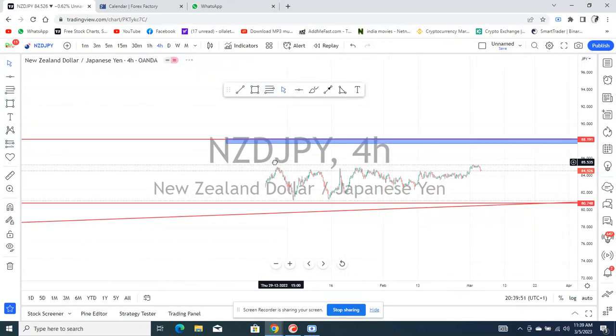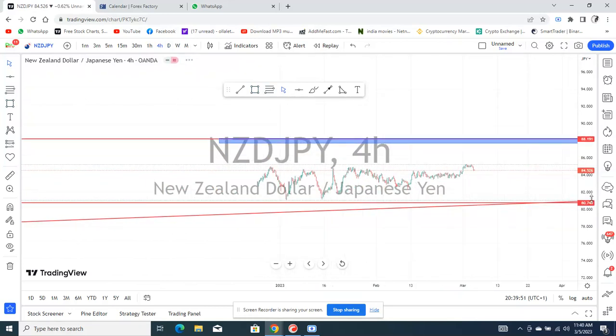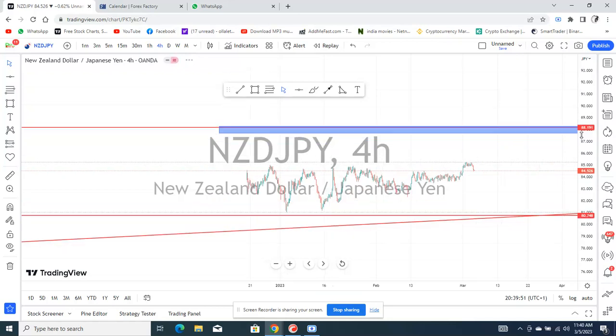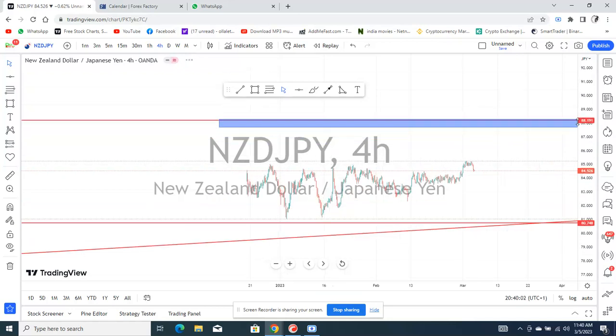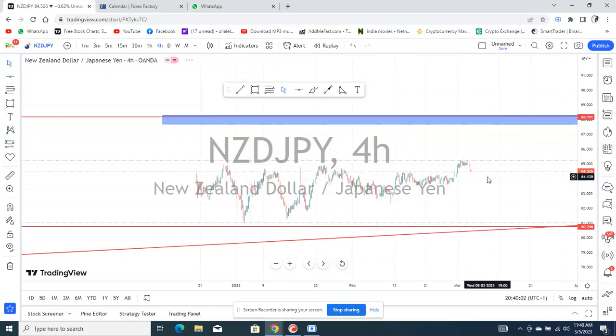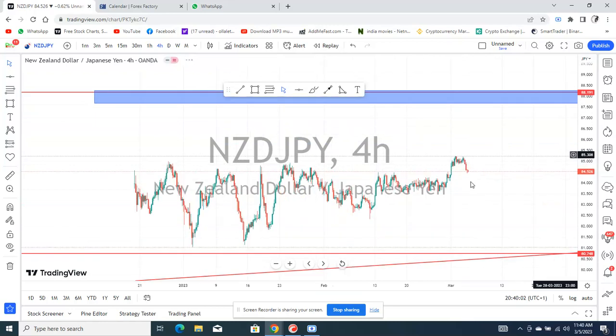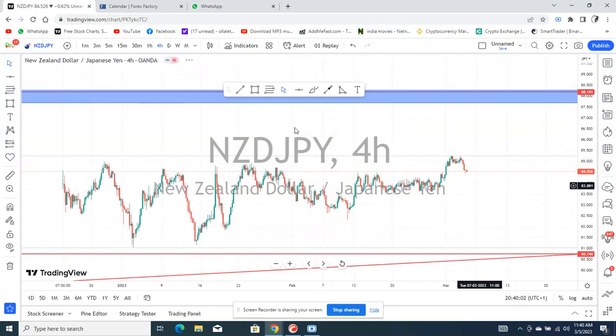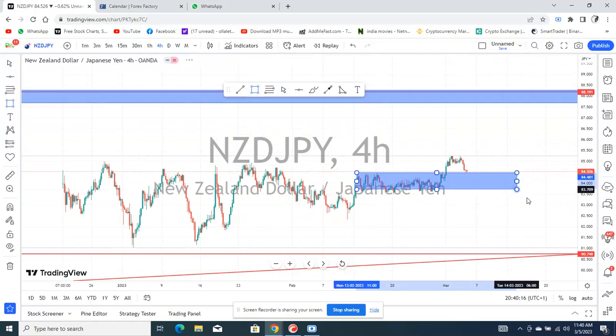The sell is normally not yet ready, so we are only waiting for price action here. Like I said, price ranges around this level.